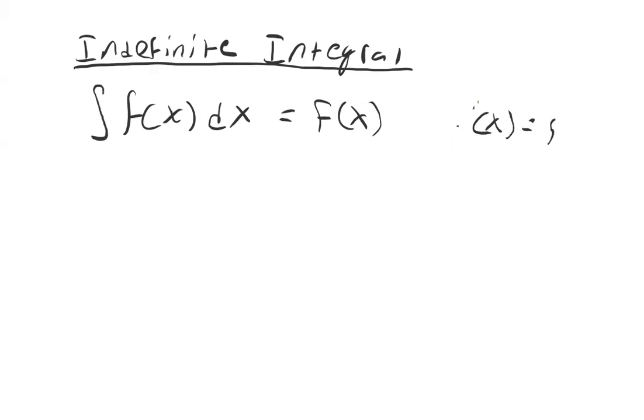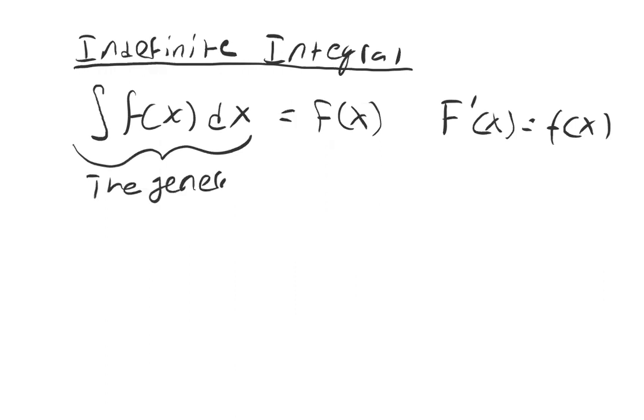So still getting used to this, you'll have to bear with me. The derivative of this capital F is going to be equal to little f. So all this means is we want to find the general antiderivative.